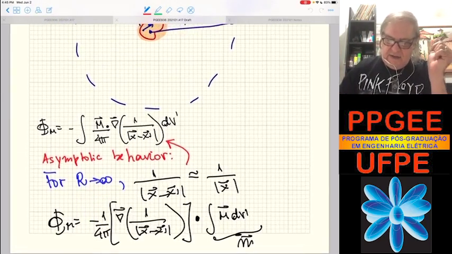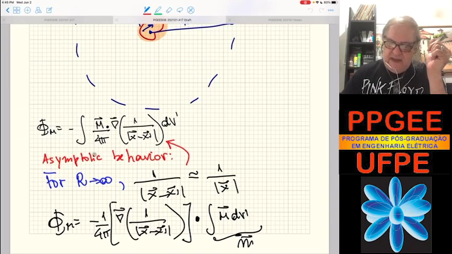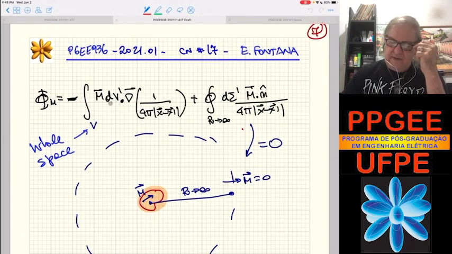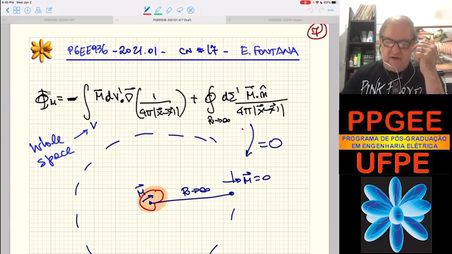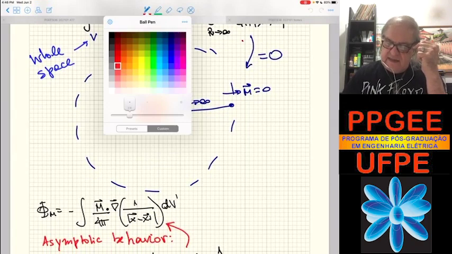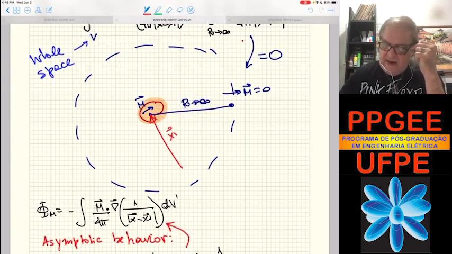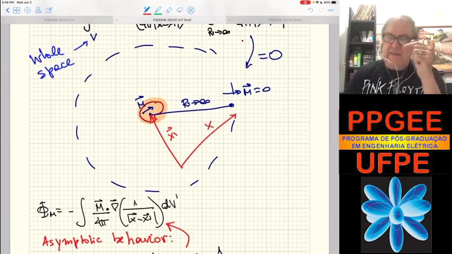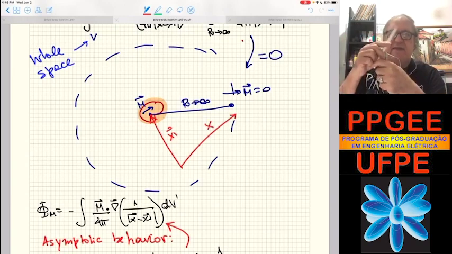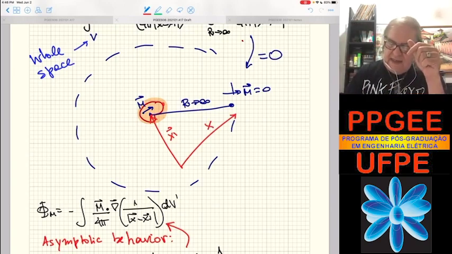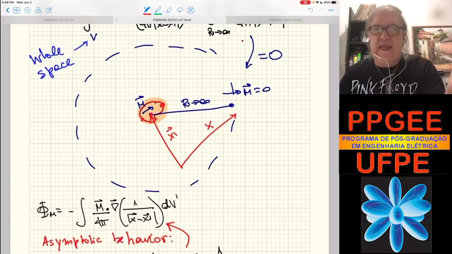Also, it's interesting to look at the asymptotic behavior of this expression, right? Which is the first integral here. What's the asymptotic behavior of the scalar potential? Well, what we have to look at is when you are at very large distances, x prime in the integral is practically constant. I mean, if I calculate at this point or this point or this point, it's going to be the same.